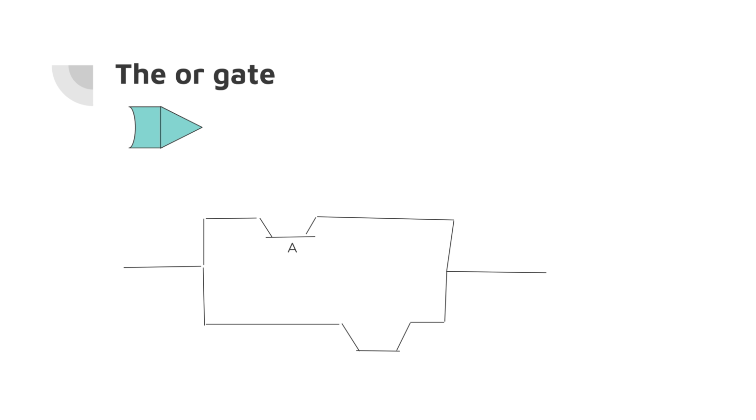So if A is on, current will flow through A, but if B is off, it will not flow through B. But it doesn't matter because A will just go to the exit. If B is on but A is not on, it will do the same thing. And if both of them are on, it'll also go. The only time it doesn't go is if both of them aren't on, because then it's blocked.